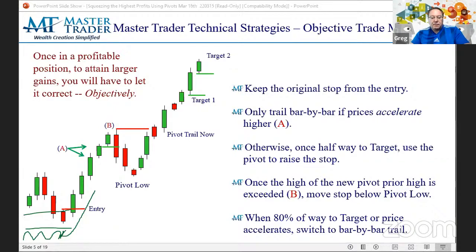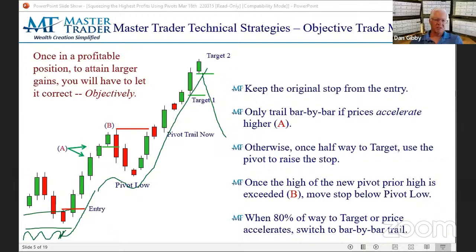Well, if we did that, and now it does that, that's why we start trailing bar by bar, because like Dan said, the other stock got extended. So why let it pivot? Because by the time it pivots, it could be down here.